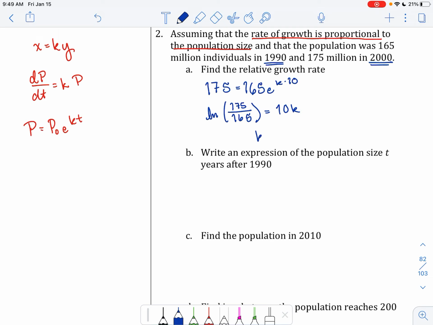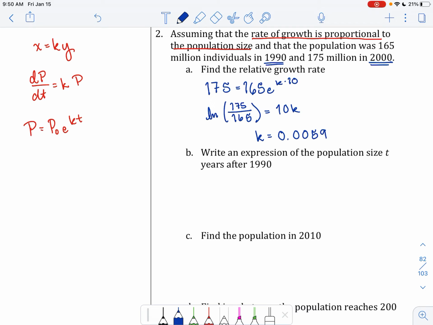Use your calculator here and you find that k is equal to 0.0059, and I'm just going to give one more data point. Now in this case, I'm just going to save this in my calculator as an answer so that I can plug it in and be more effective for what I'm solving.